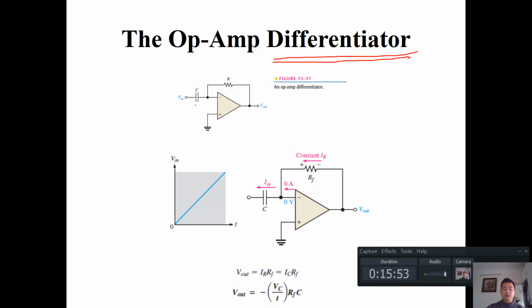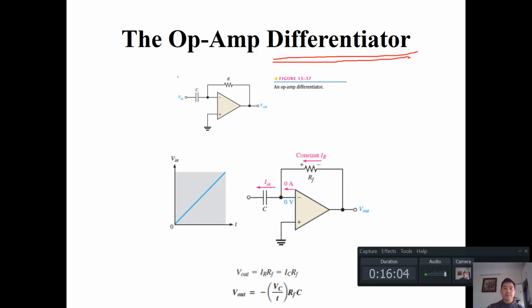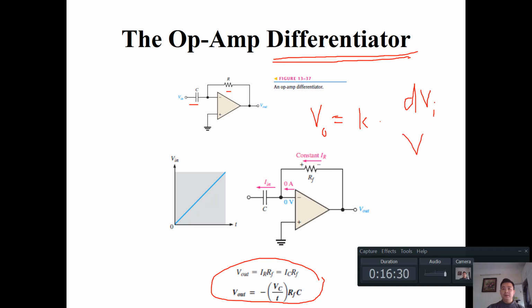By changing the position of the capacitor and the resistor, this is the integrator circuit, and if you change the position of the capacitor and resistor, we can have this formula, meaning V out will be a function of dV in over dt.